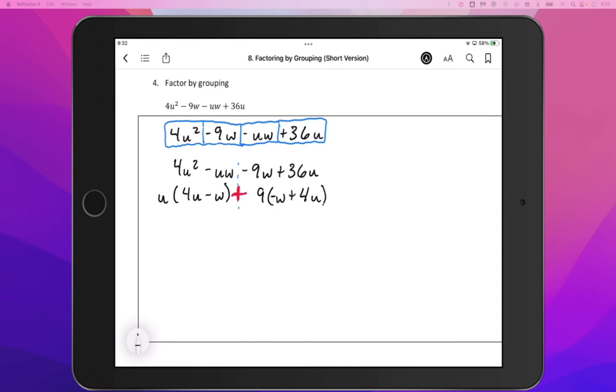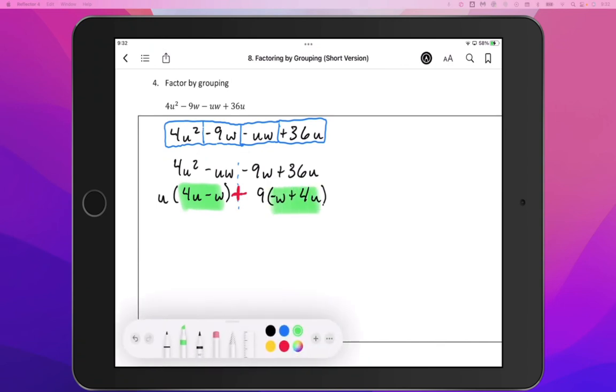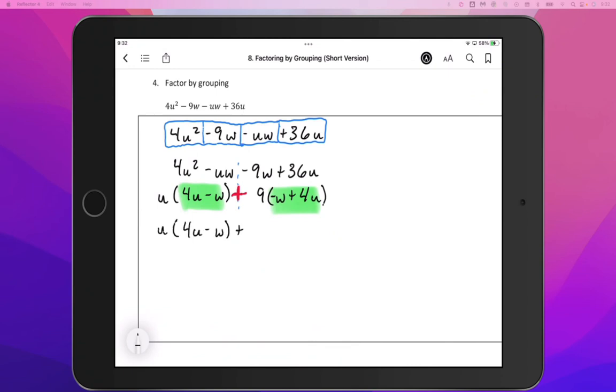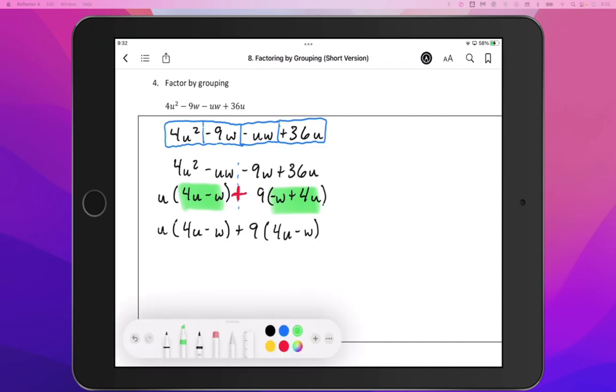But at any rate, now we need to check and see if the thing on the left looks like the thing on the right. Oops. And it's pretty close, but again, I'd like to rearrange what's on the right to make it exactly match what's on the left. So u times 4u minus w plus 9 times 4u minus w. I can rearrange those, right? The negative w and the 4u. So now they look exactly the same.